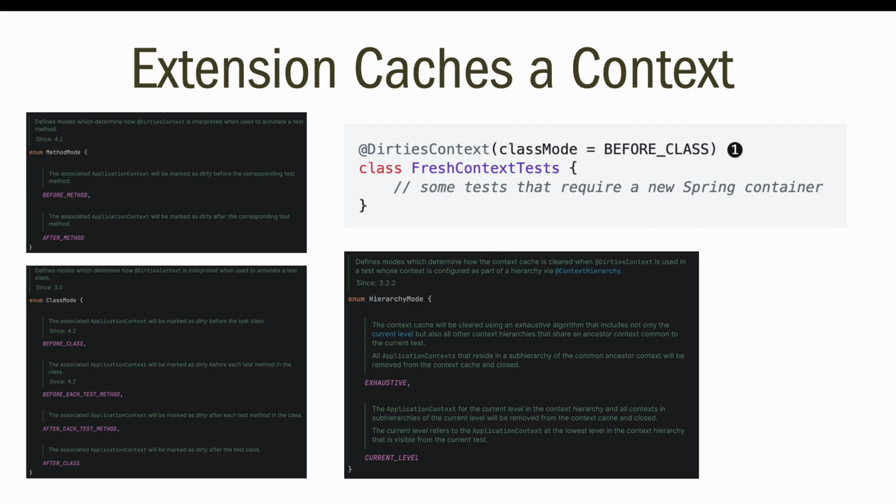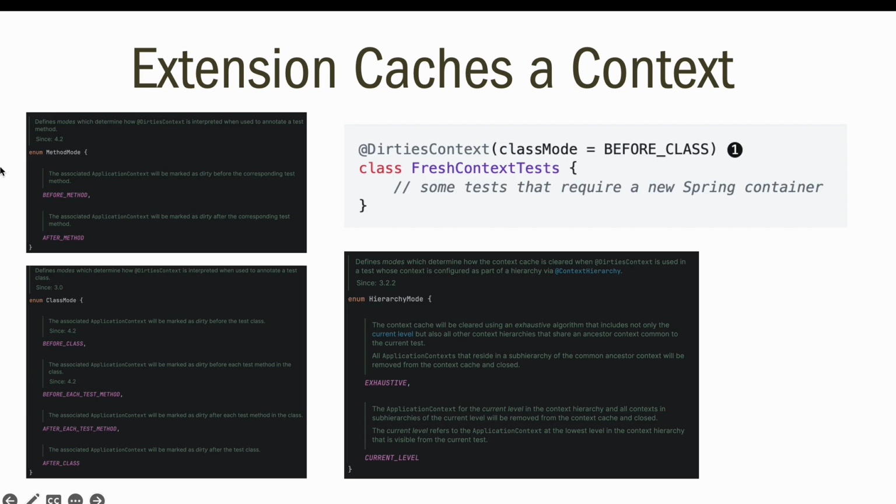Then AFTER_METHOD says the associated application context will be marked as dirty after the corresponding test method, which means after that test method completes, the application context is dirty. Spring will then close it and create a new one.